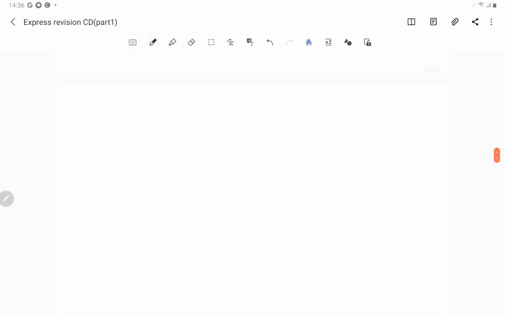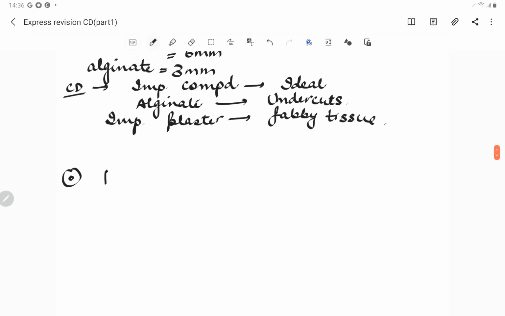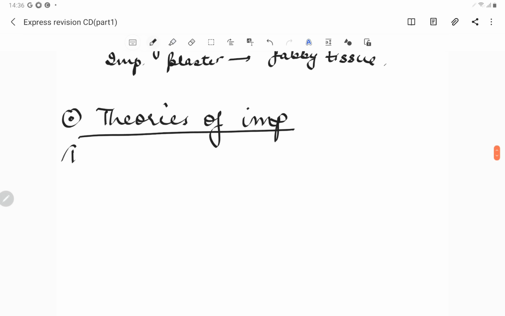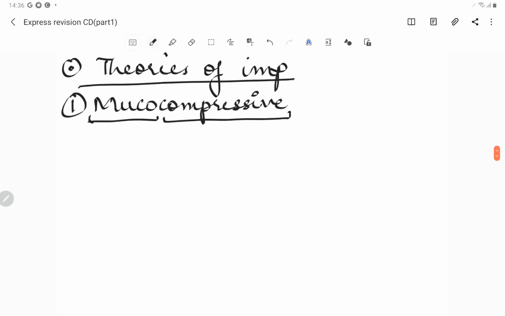Now coming to the theories of impression, we have got 3 theories: muco-compressive, wherein while taking the impression, muco means mucosa, compressive means we are putting pressure on the mucosa.